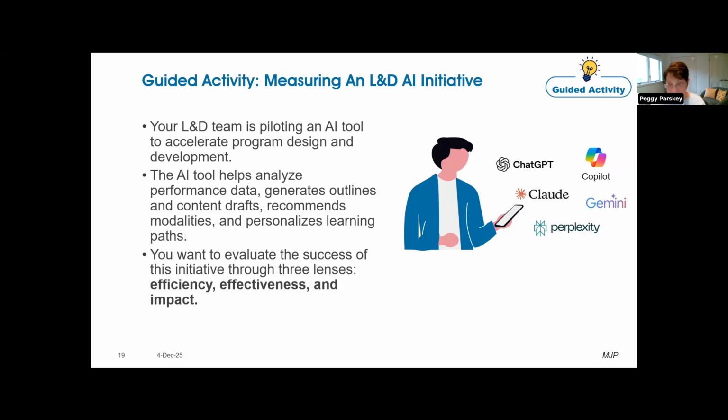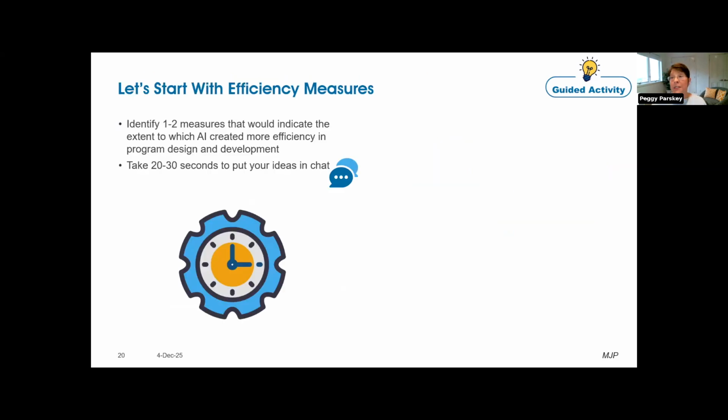So, again, to the high performing group. So, we're going to start with efficiency measures. We want you to identify one or two measures that would indicate the extent to which AI created more efficiency in program design and development. We'll give you 20, 30 seconds. Put your ideas in chat. And once we get enough chatter going on, we'll show you what we were thinking about.